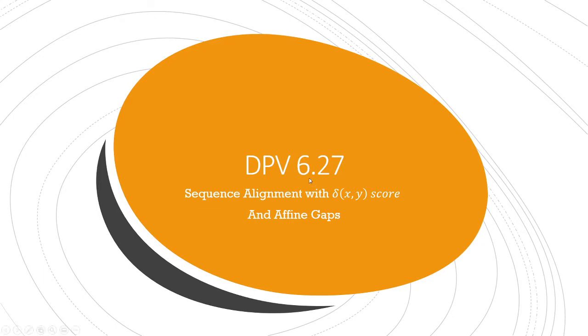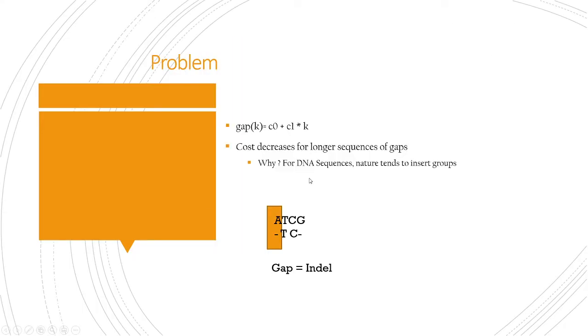Let's look in a bit more detail at what the problem is. So the gap function can be written something like C0 plus C1 times however many gaps there are. C0 can be seen as a gap opening penalty, and C1 as a gap extension.